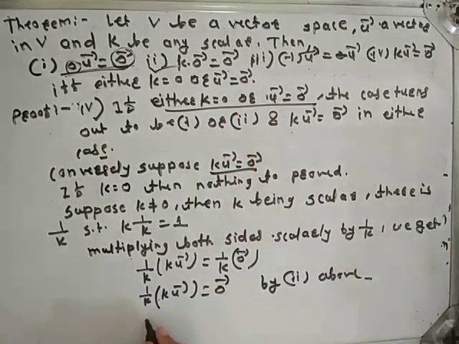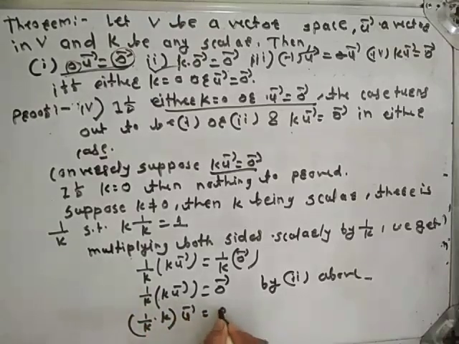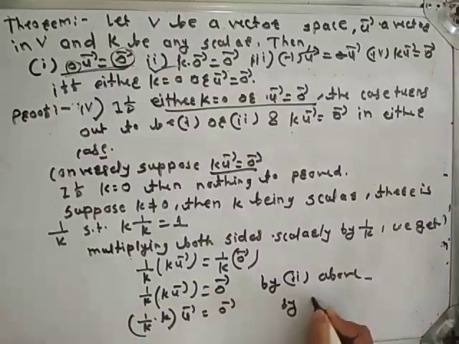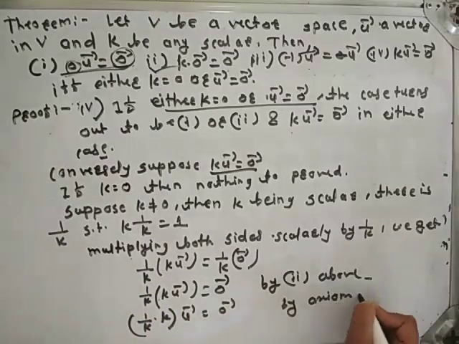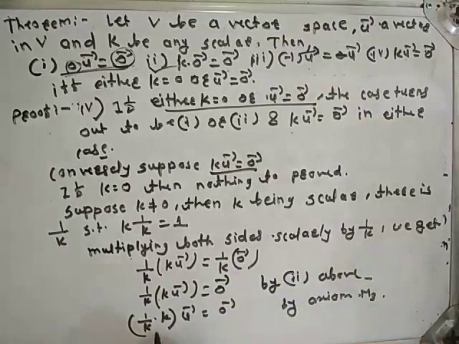So the left side can be written as 1 by k into k into u bar is equal to 0 bar. This is by axiom M3. This is 1 into u bar, which is equal to 0 bar. So we will get u bar is equal to 0 bar.